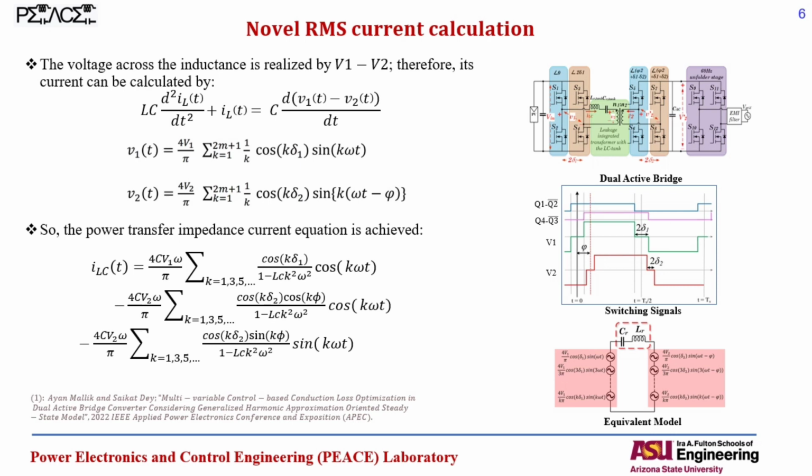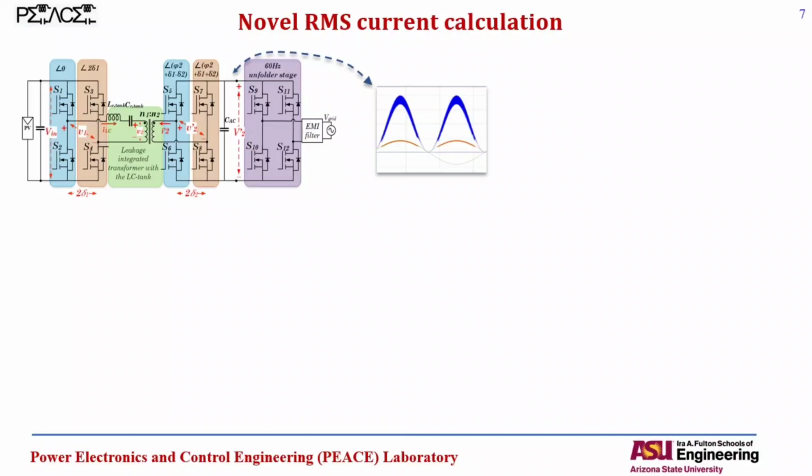But we are aiming at the generation of the AC voltage here at this intermediate section that you can see here. So how are we going to do that? The aim here is that we want to generate a rectified sine wave voltage waveform here before the unfolded stage.